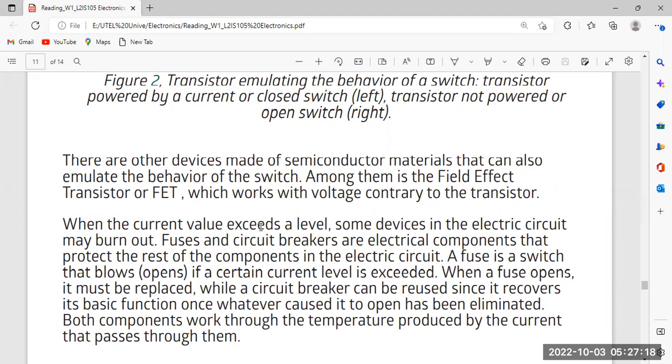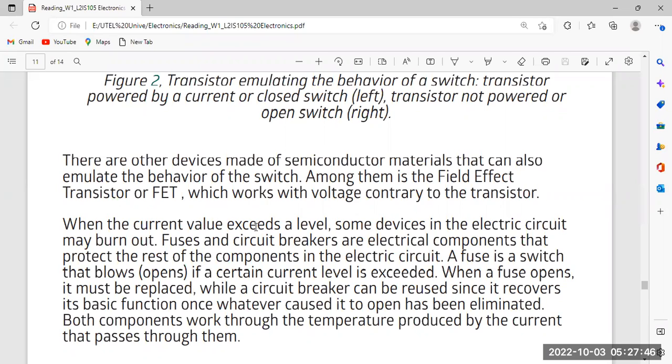A fuse is a switch that blows or opens if a certain current level is exceeded. When a fuse opens, it must be replaced, while a circuit breaker can be reused since it recovers its basic function once whatever caused it to open has been eliminated. Both components work through the temperature produced by the current that passes through them.